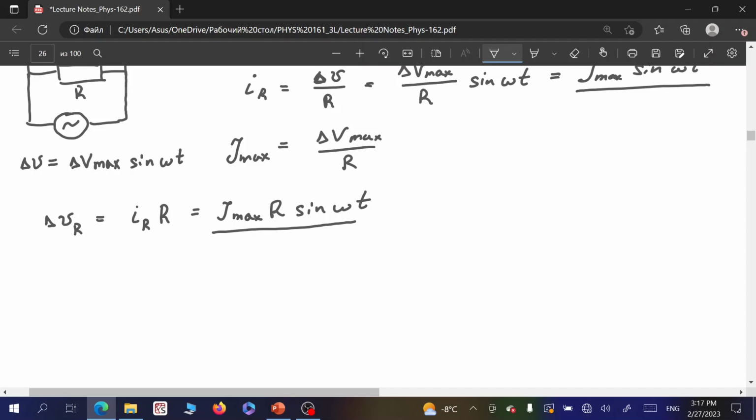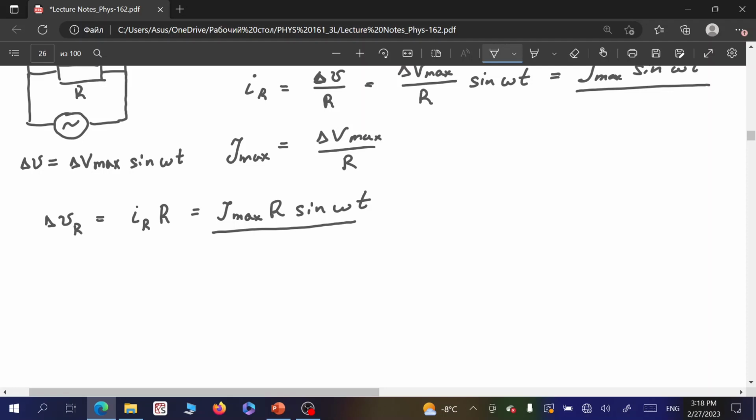What is the equation for the Joule-Lenz heat dissipated over a resistor when there is some current flowing through it? I squared times R. So current I is in second power, it doesn't matter if it's positive or negative, it will contribute equally to the dissipated power.